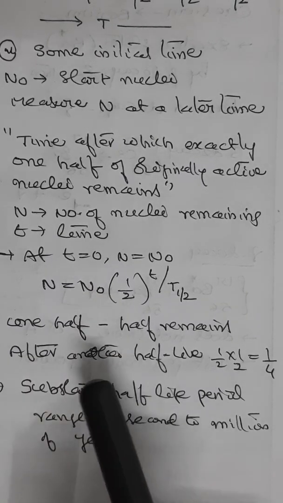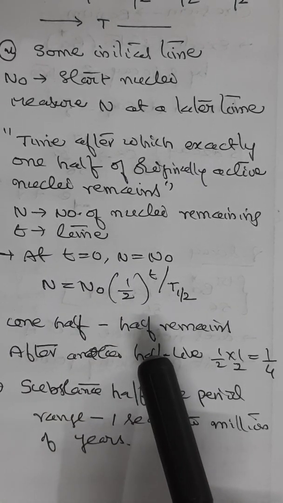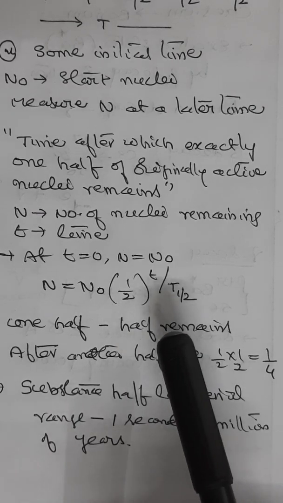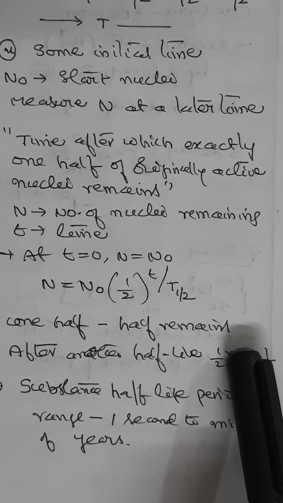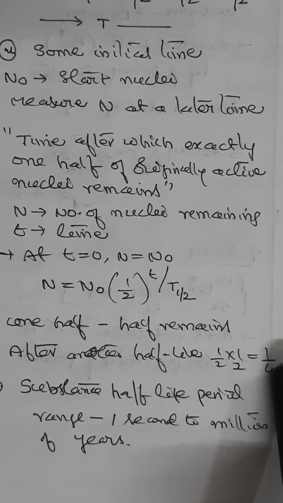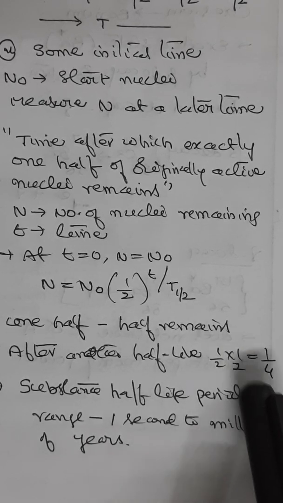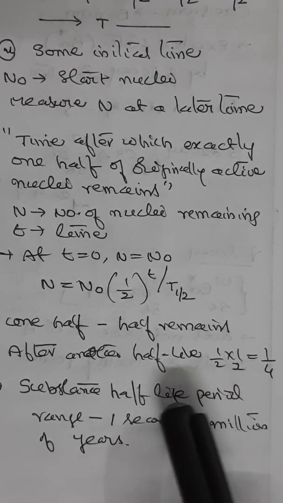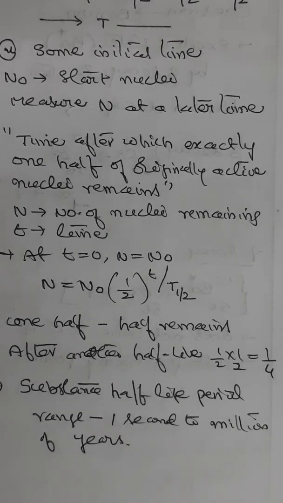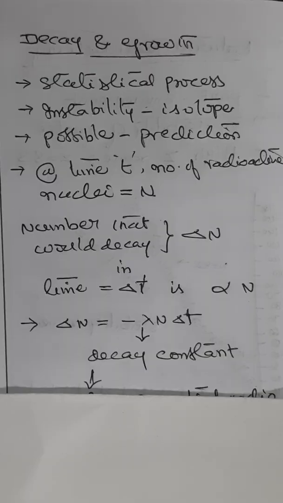That means, for example, after a period of one half-life, half of the substance remains. After another half-life, another half, that is 1/2 into 1/2, that is 1/4 of the substance remains, and so on. So half-lives of substances range from tiny fractions of a second to millions of years also.